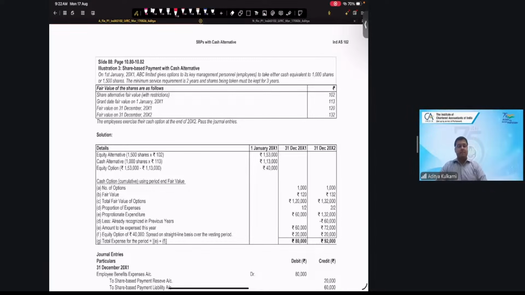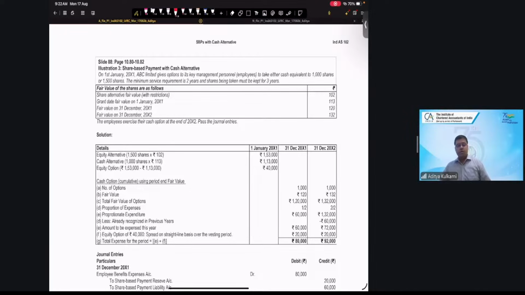Then what can we do? That is something that we need to understand, because going forward, let the employee make a call whether he wants cash or whether he wants equity. So how do we do this? The following procedure would be followed. We'll run through with a question, and that question in turn should help you understand.